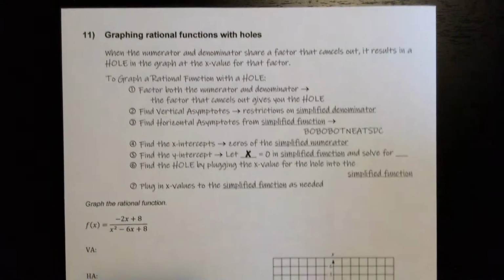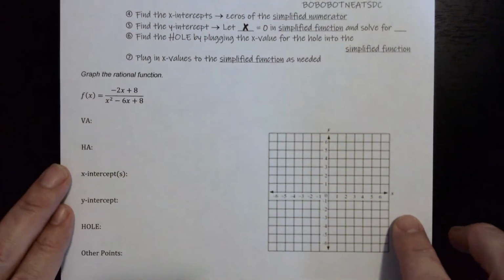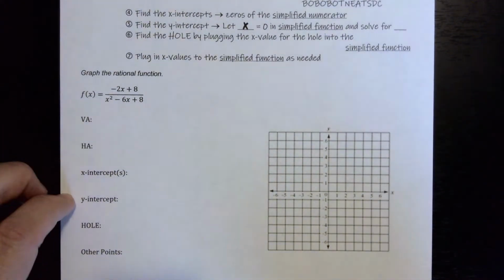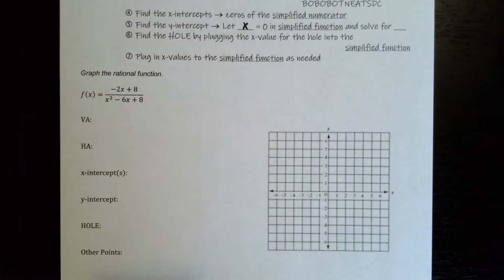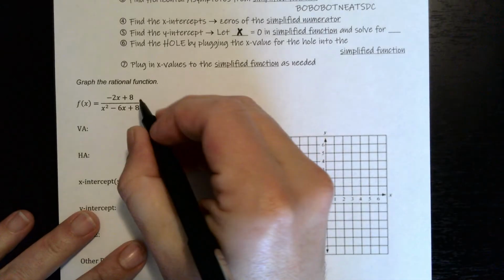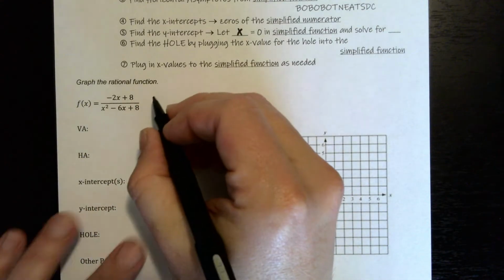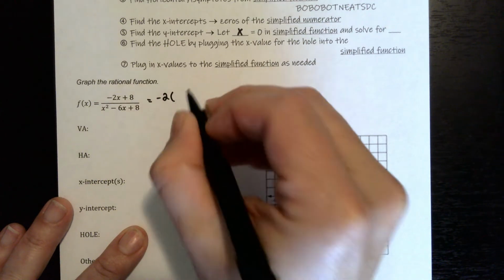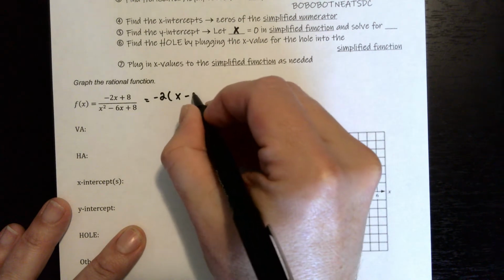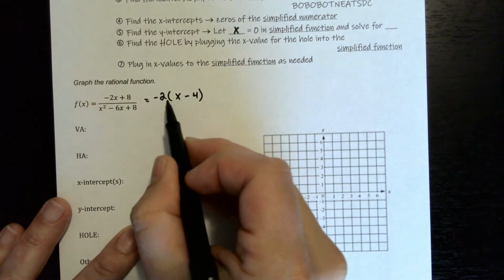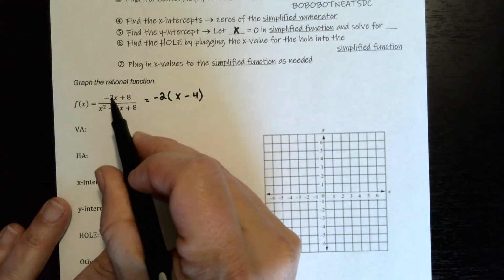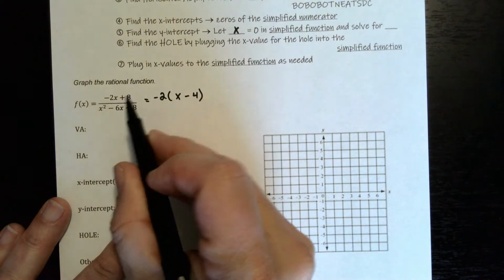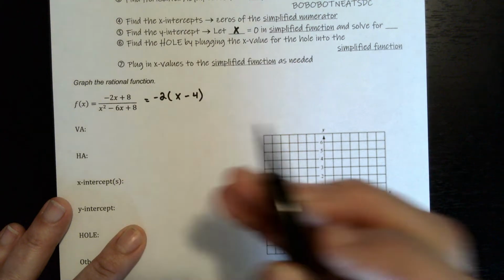Let's do a problem. Graph this rational function. The first step, we're going to factor. On the top, it looks like I can factor out a -2. If I factor out a -2, this becomes x minus 4. Think of it as dividing by -2: it cancels out to x, and if I divide 8 by -2, it becomes -4.